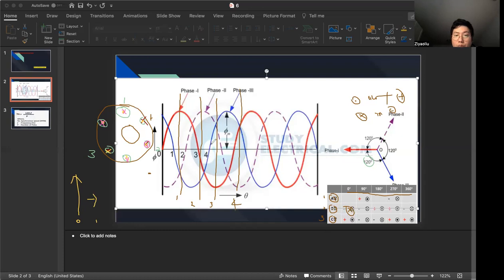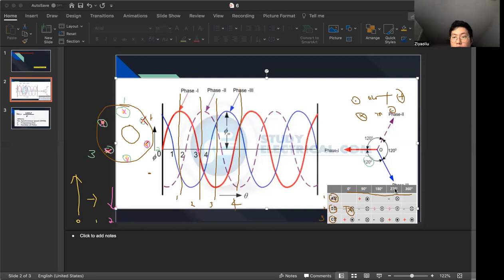Phase 3, the blue one, is also here. At 180 degrees, what happened here? Minus, right? Minus means X and in. So which means this part is in, and coming out this way, right? Out is here, right? So my thumb is in two parts. What happened here? Right? And what happened also? Yeah, the green one.